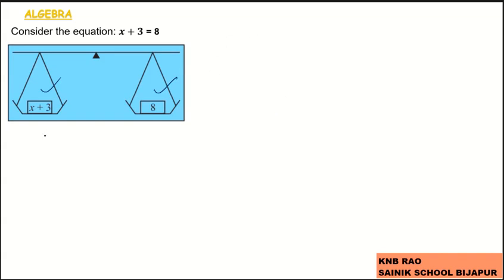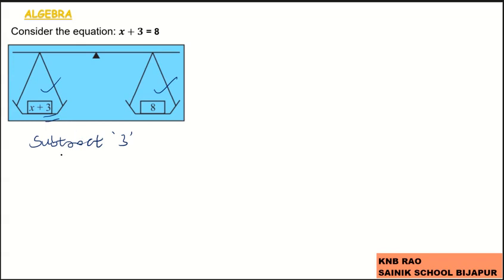From this pan, if I subtract 3, then this x plus 3 is free of the number 3 and it becomes only the variable x. So, what is the excess I am taking out?